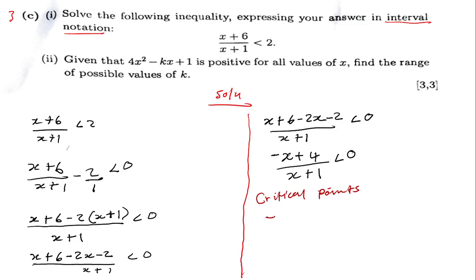You say negative x plus 4 is equal to 0, so negative x is equal to negative 4, so x is simply equal to 4. This is your first critical point. For your second critical point, you get x plus 1 is equal to 0, so x is equal to negative 1. This is your second critical point.